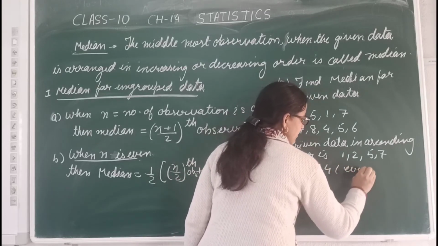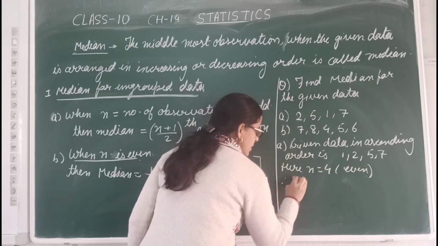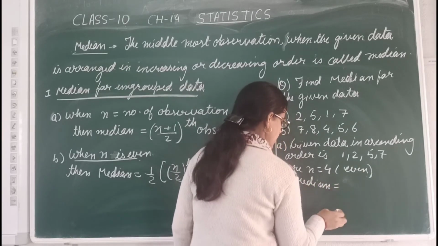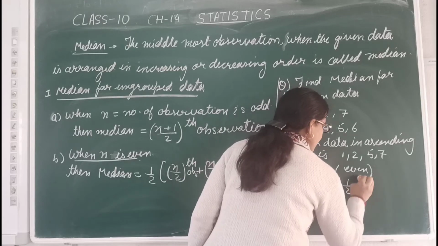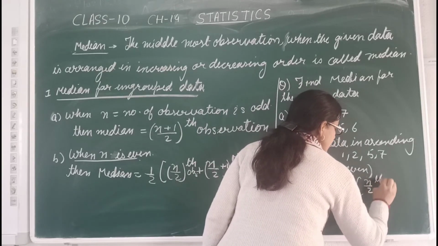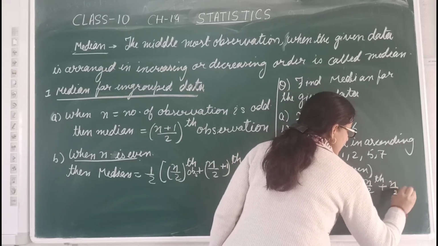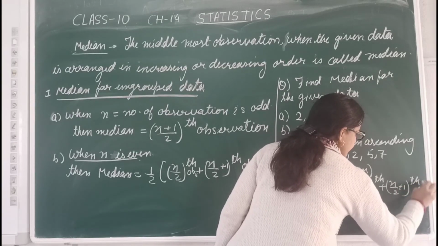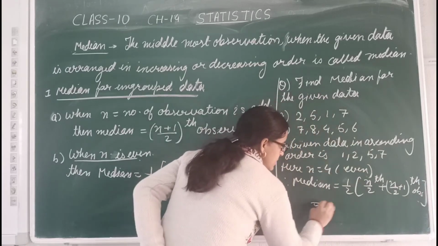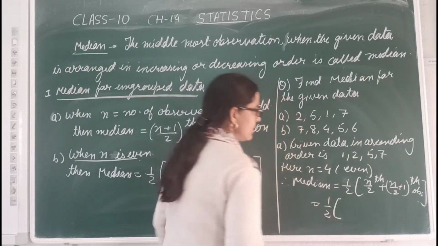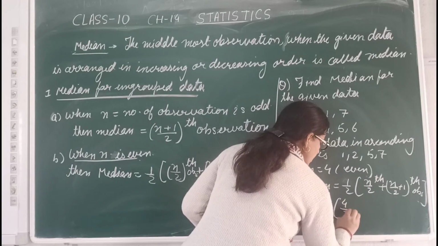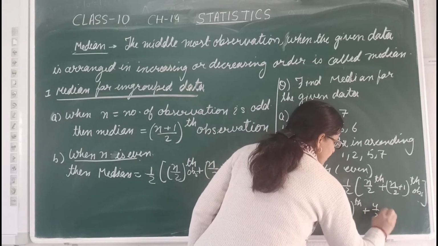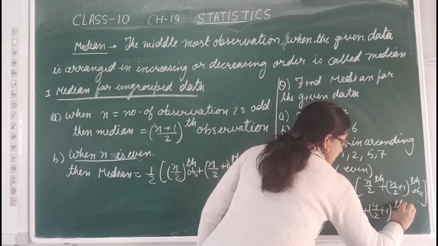That is even. Therefore, median equals half of n by 2th plus n by 2 plus 1th observation, equals half of 4 by 2 plus 4 by 2 plus 1th observation.